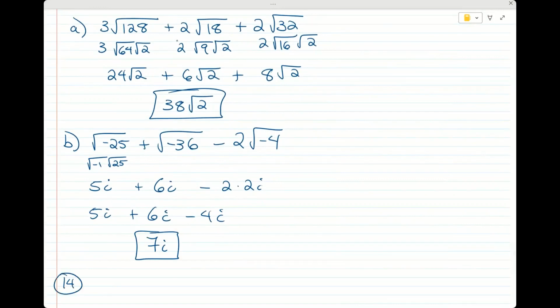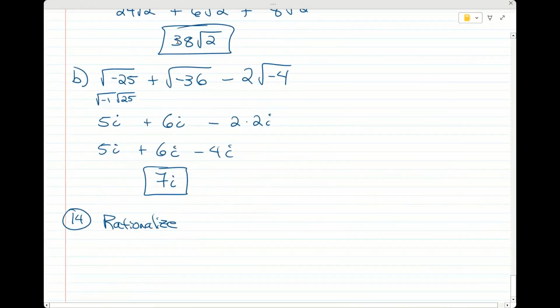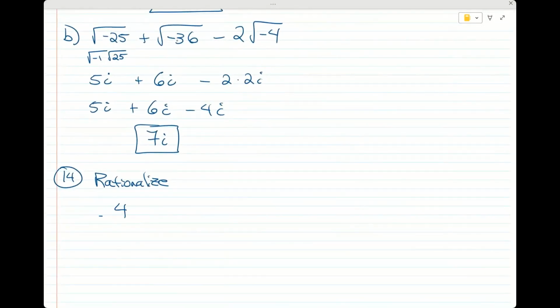Number 14, you are asked to rationalize. So we have a fraction like 4 over 2 minus the square root of 3.